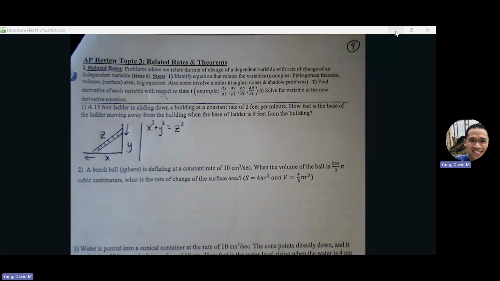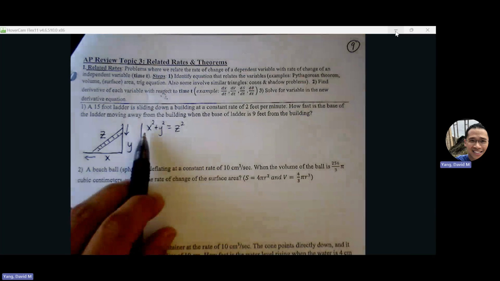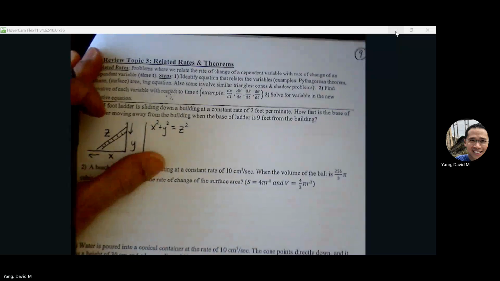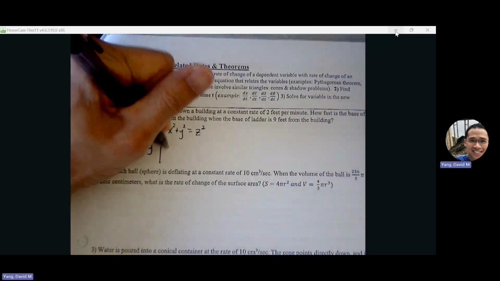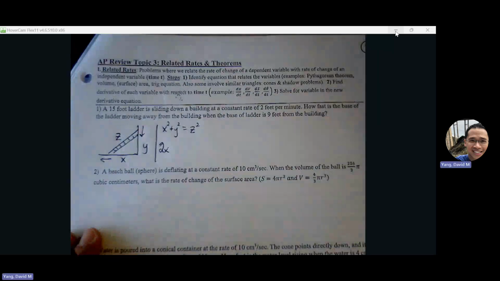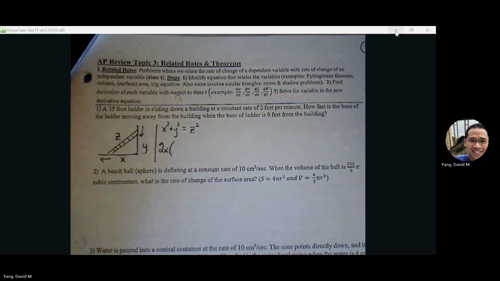We apply a derivative rule for every variable, but then we have to immediately attach a d over dt for that variable. So x squared becomes what? What's x squared's derivative? 2x. But we're getting impacted by time, so multiplied by what? dx over dt, yeah.